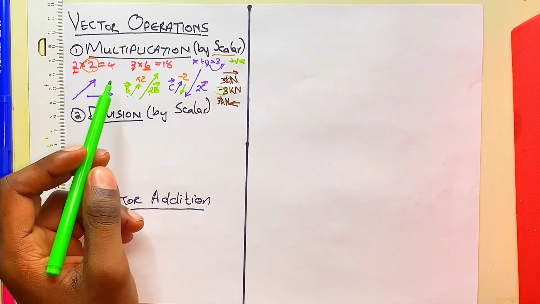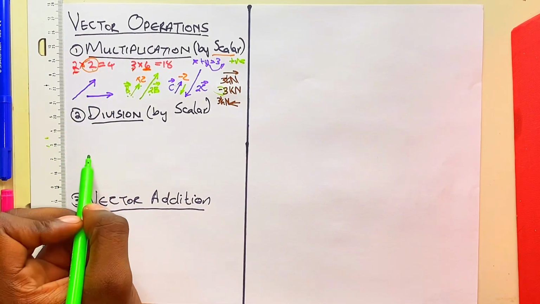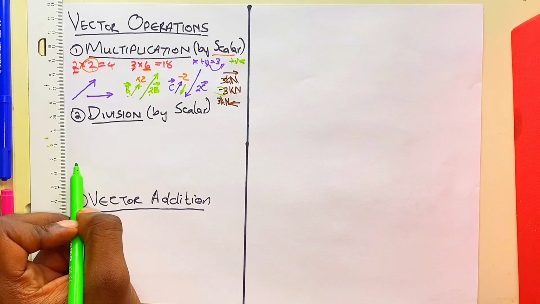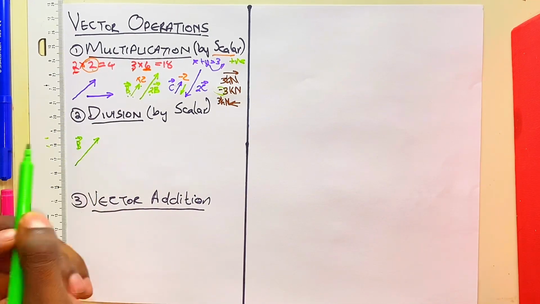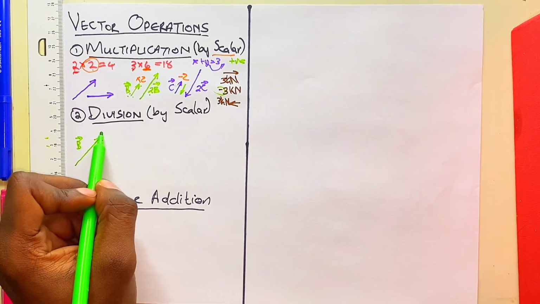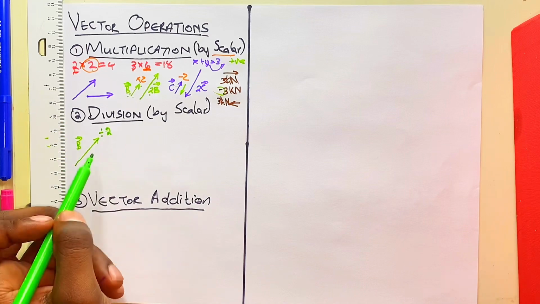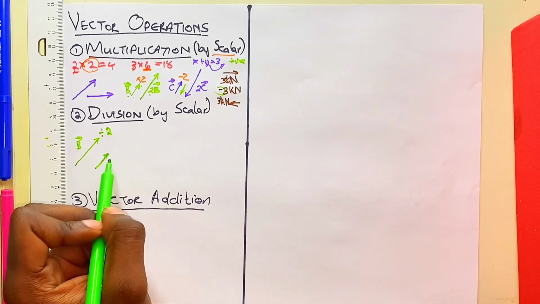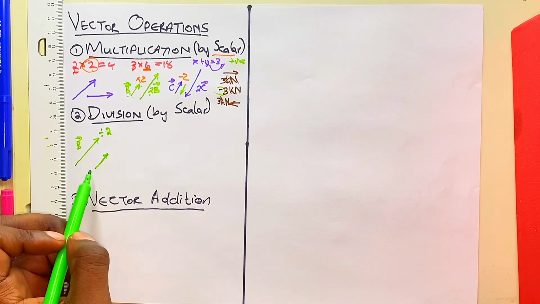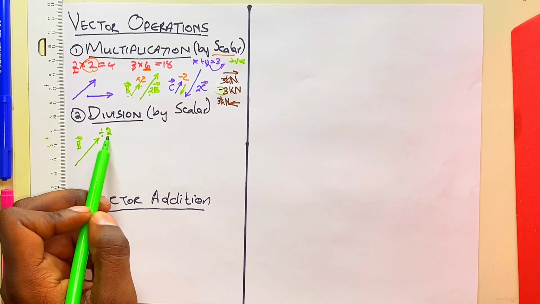The same ideas work with division. If you have a vector b that is long, and then you divide it by 2, division is simple. It's just going to be half of it, because you are decreasing it by a factor of 2.